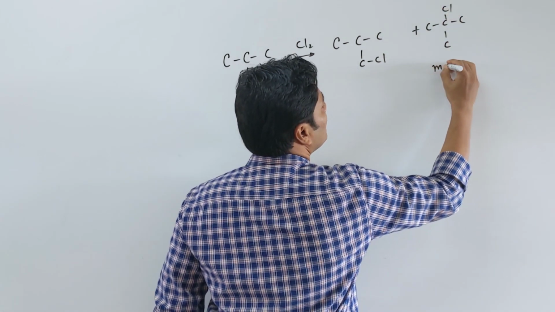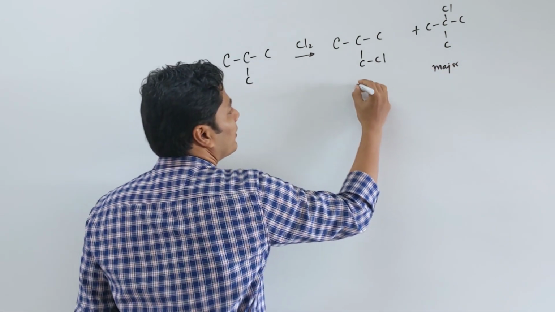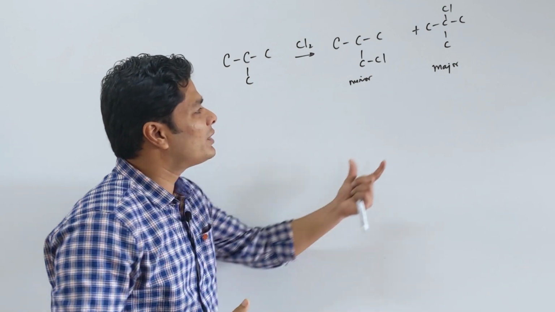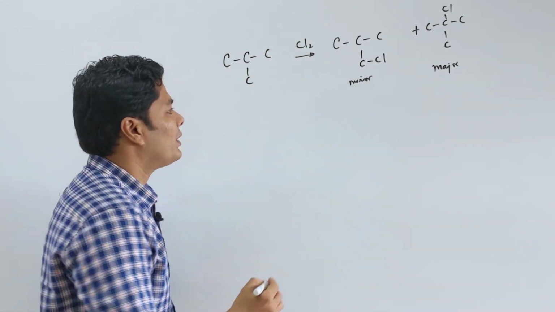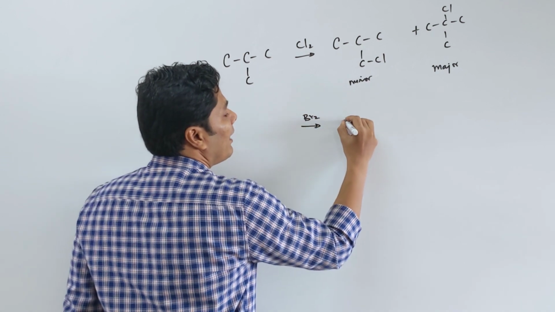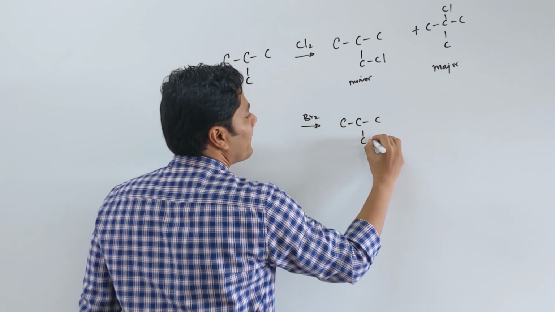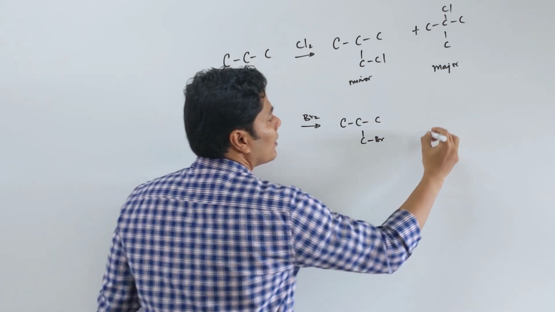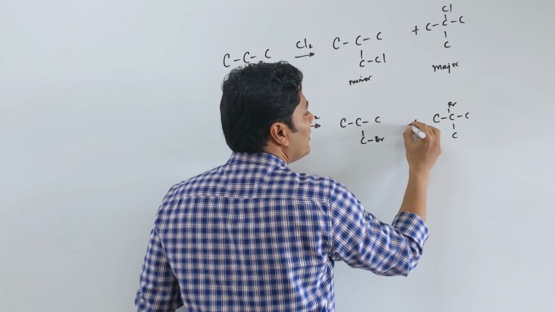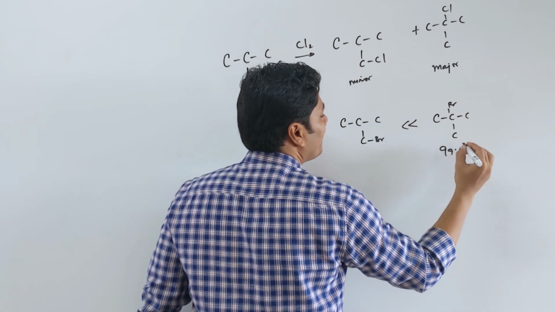So this is going to be obviously major product, minor product, but they are in the ratio close enough, 60-40, something like this. Whereas when you do bromination, I get the corresponding products, whereas in bromination case, this will be much larger, like 99%.